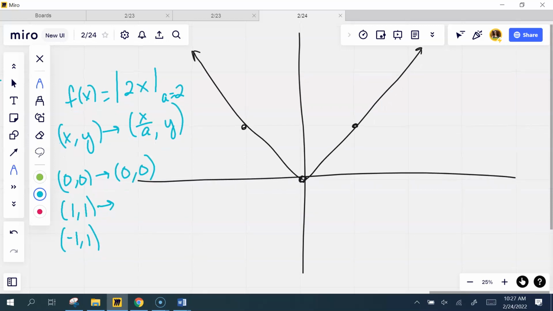What does (1, 1) become? (1/2, 1), and the y stays the same. So (negative 1, 1) becomes, that's right. So let's plot these and see what they look like. I've got (0, 0), (1/2, 1), and (negative 1/2, 1).